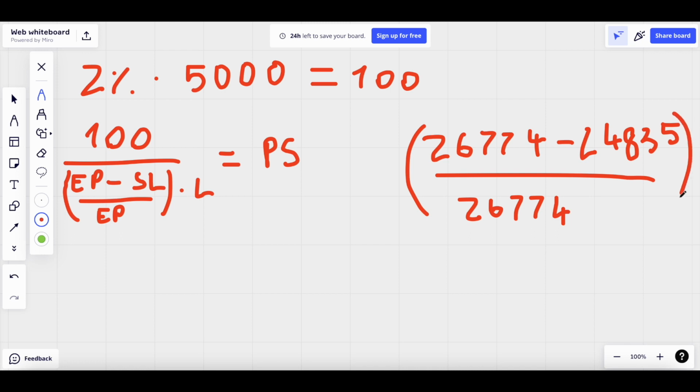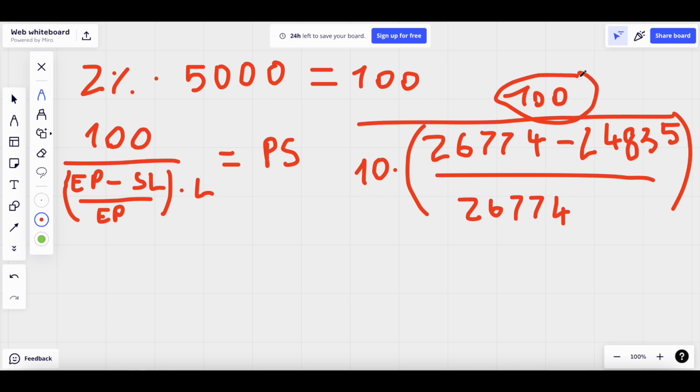This needs to be multiplied by the amount of leverage that we are using, and let's say 10x leverage, for example. Here we write 100, and we will divide 100 US dollars by the result of this equation.